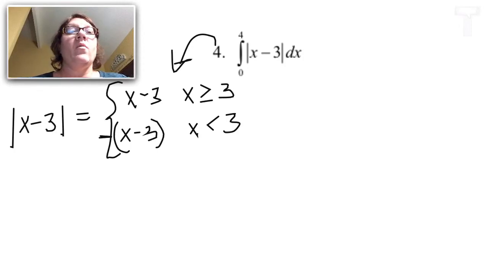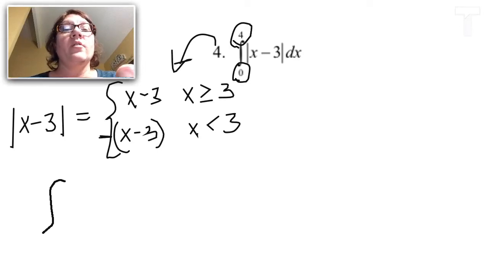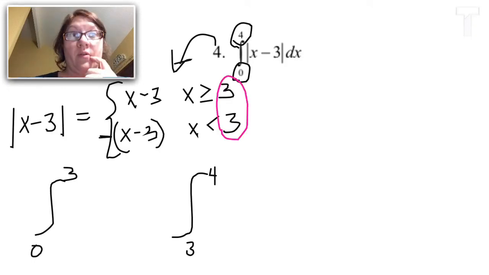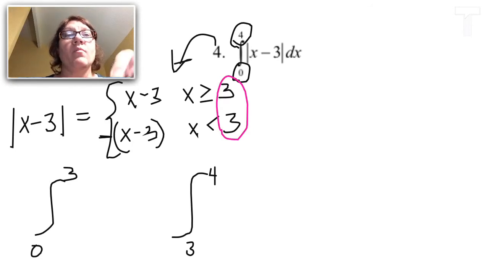So now, as I write the integral, since my boundaries are from 0 to 4, I have to look at from 0 to 3 and from 3 to 4. And that's all because 3 is where I'm actually changing the curve if I were to graph it. 3 is the changing point.